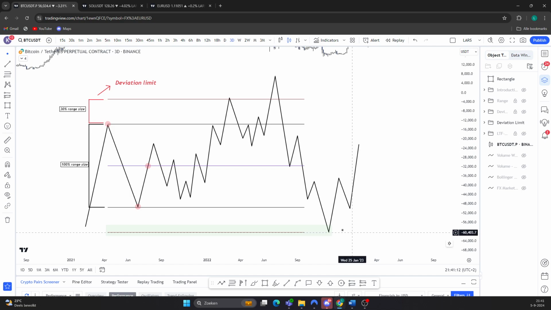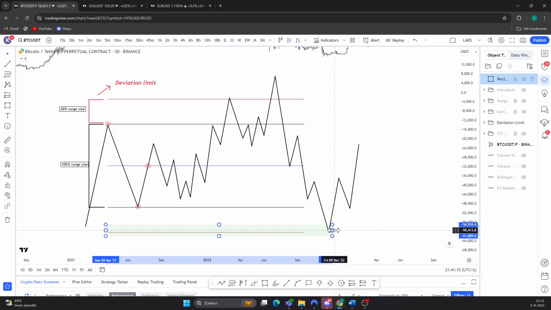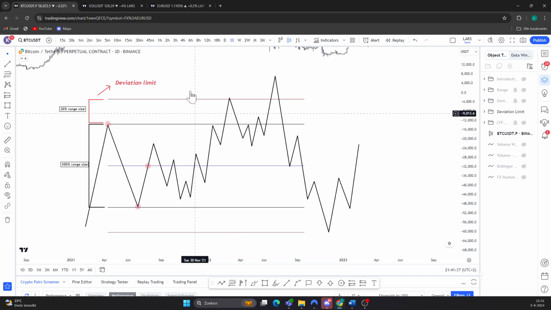So even though it will close maybe a tiny bit below that deviation limit line, it's still okay. Whenever you have your DL lines overlapping with demand or supply below and above your range, just picture your DL line above that supply zone or below that demand zone. Just a few rules regarding that deviation limit.